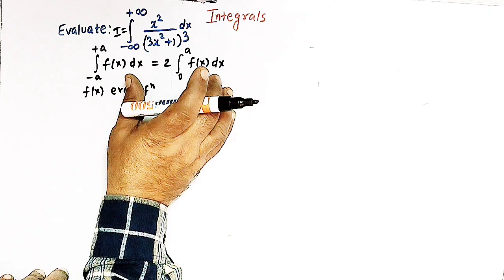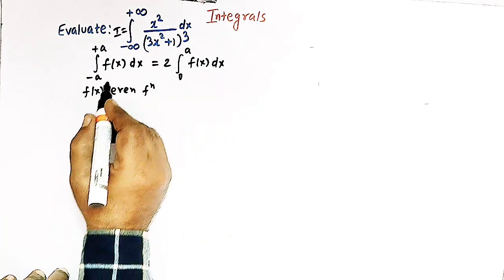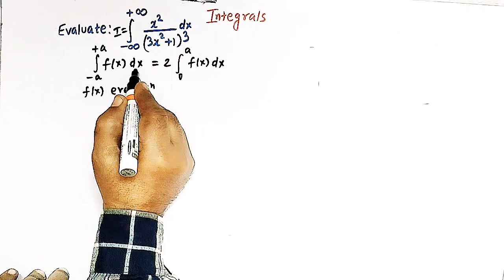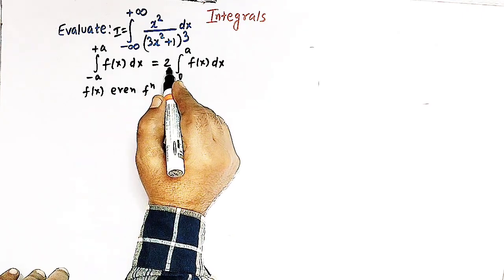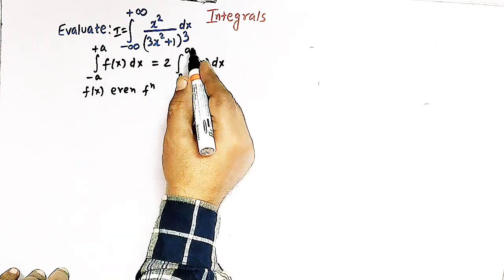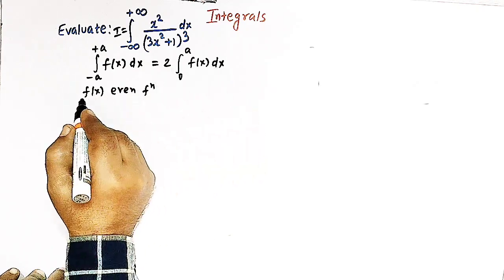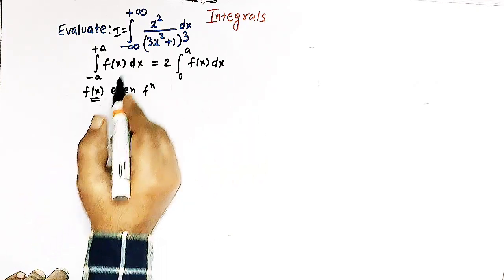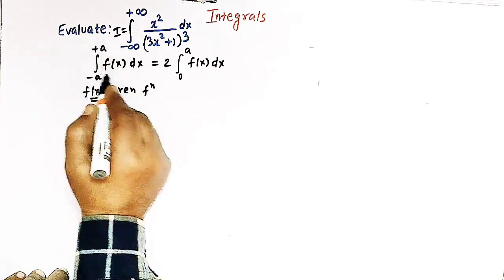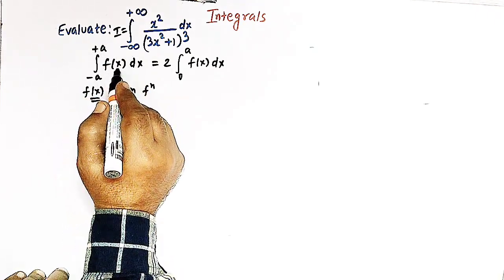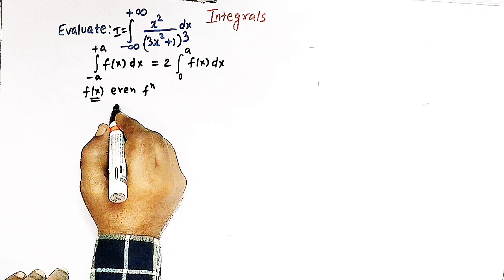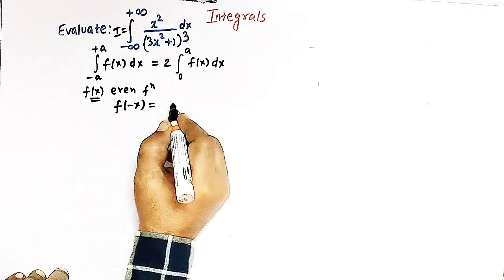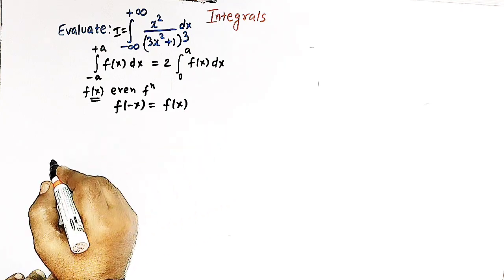In case of an odd function, this integral reduces to 0. An even function is defined as f of minus x is equal to f of x.